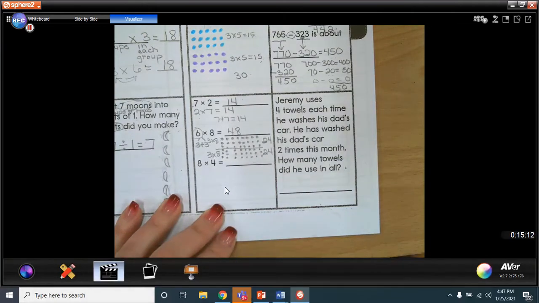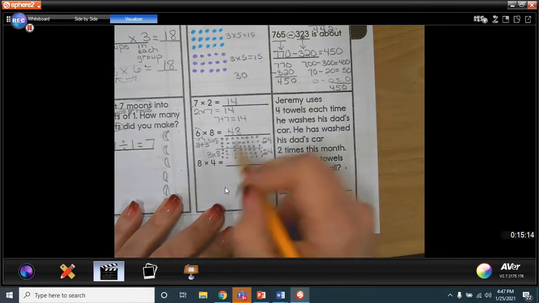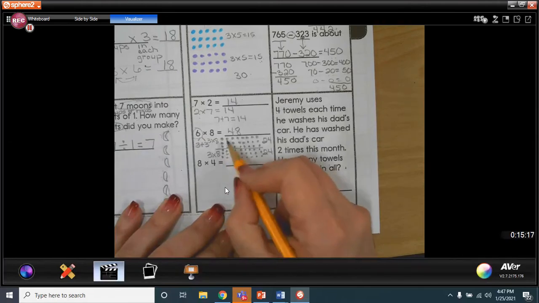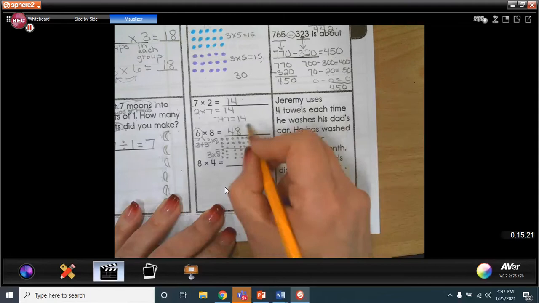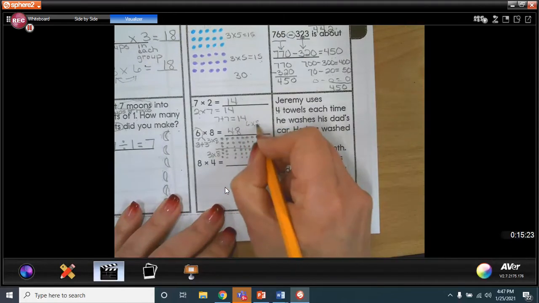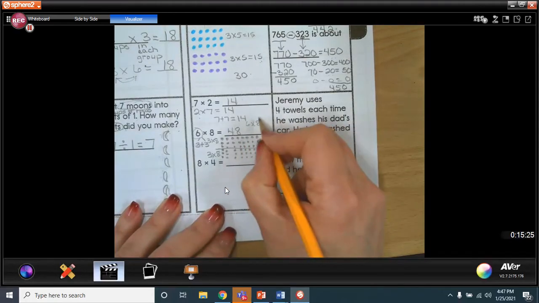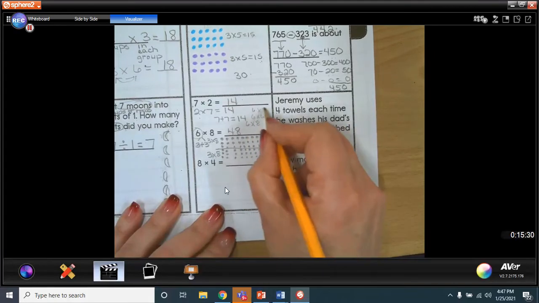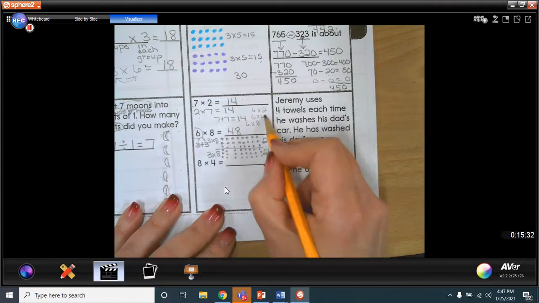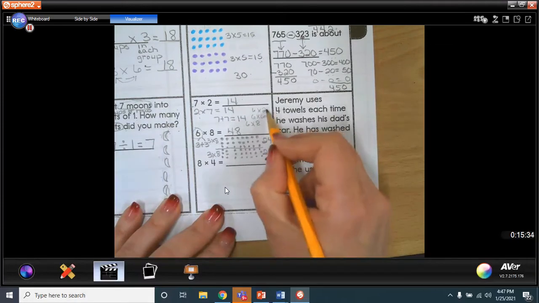Or what you could do is you could think about 6 times 6, and we've been really working on 6 times 6, right? If I have 6 groups of 8, if I did 6 groups of 6 and then 6 groups of 2, that would also give me 36 plus 12.